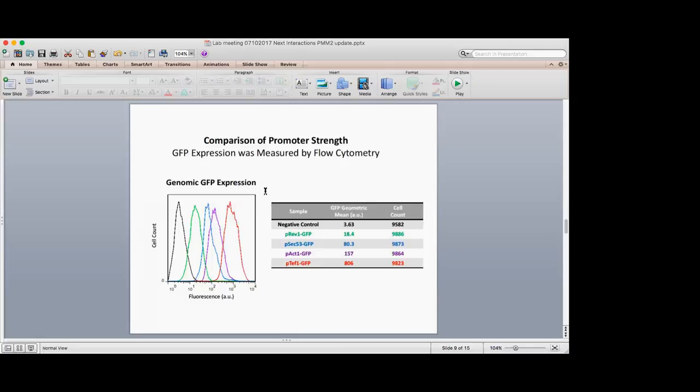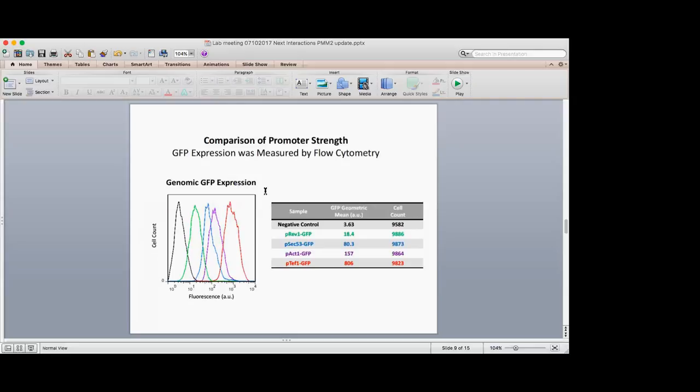So REV1 represents that weak first step, and then you do a step up in blue. That's the P-Sec53, the endogenous Sec53 promoter, and that's 80 arbitrary units. Then in purple, we have what represents our medium. It turns out that the Sec53 endogenous promoter is essentially equivalent to a medium strength promoter. And then the highest strength promoter we have was this PTF1.